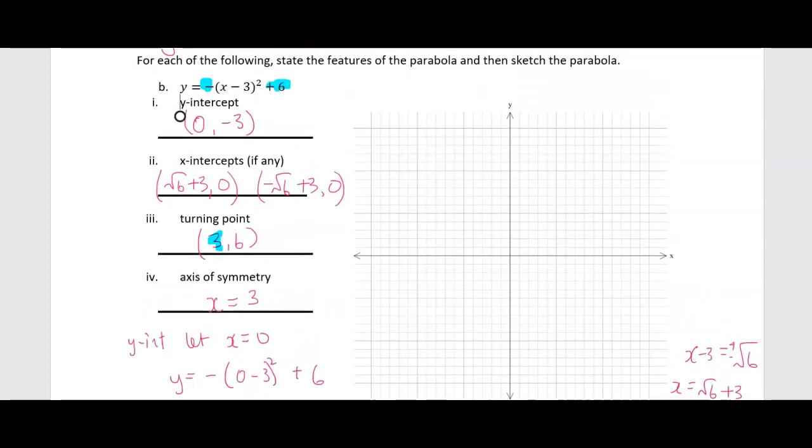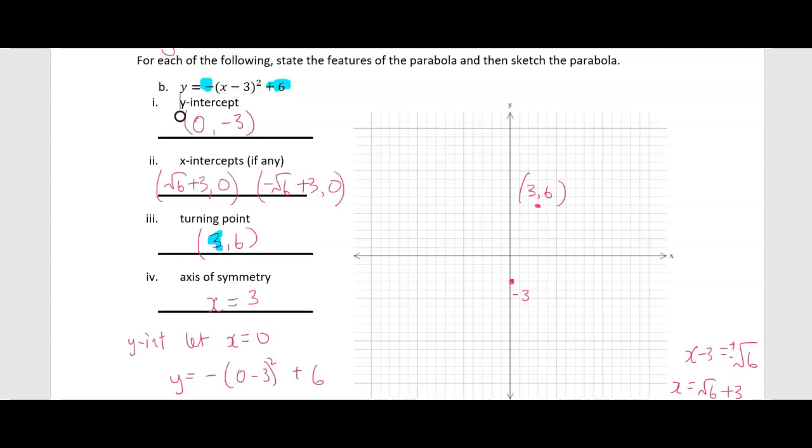So your y-intercept is at negative 3. So I'll put that on. There it is at negative 3. I'm just trying to think of the best side to put that on. Your turning point is at (3, 6). And our axis of symmetry, doesn't matter about that.